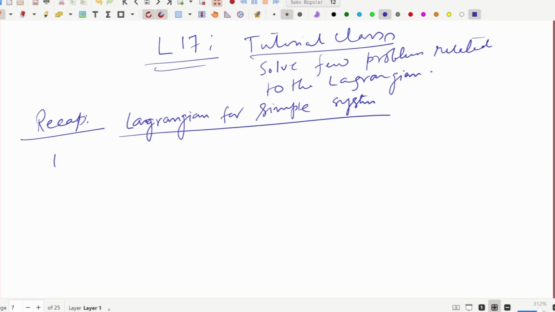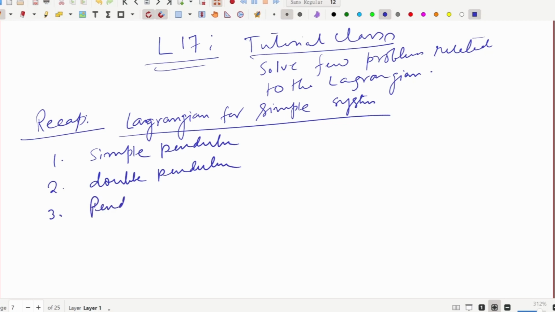We constructed the Lagrangian for the simple pendulum. Let me list them down. Secondly, we have the double pendulum. Third, we constructed the pendulum with a moving support. Here we consider various types of moving support.